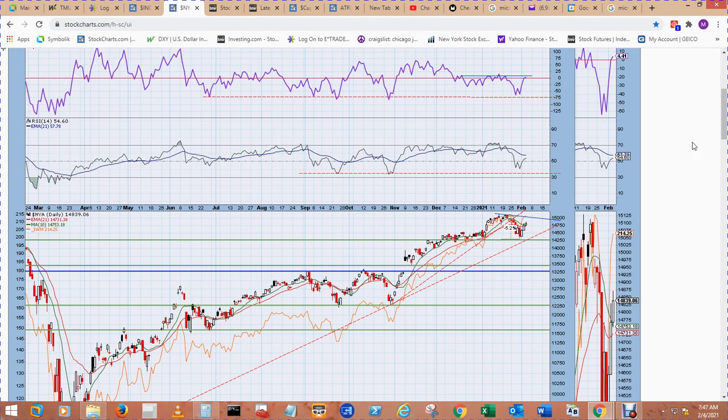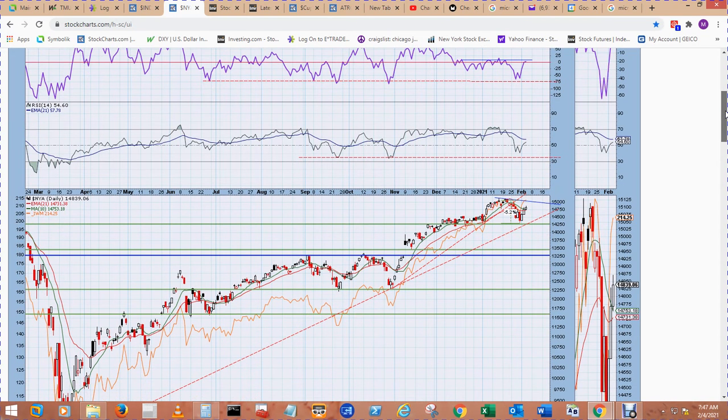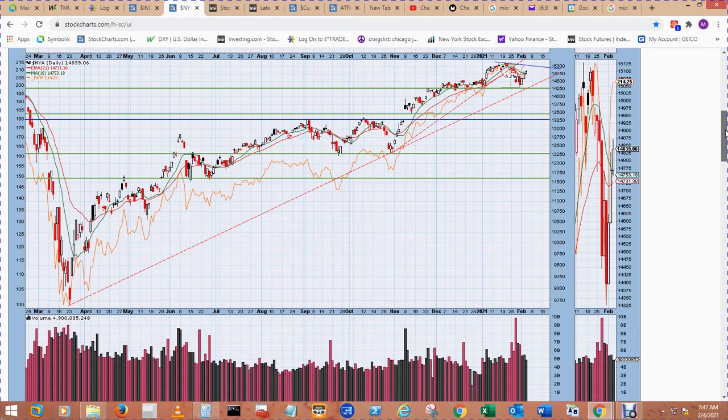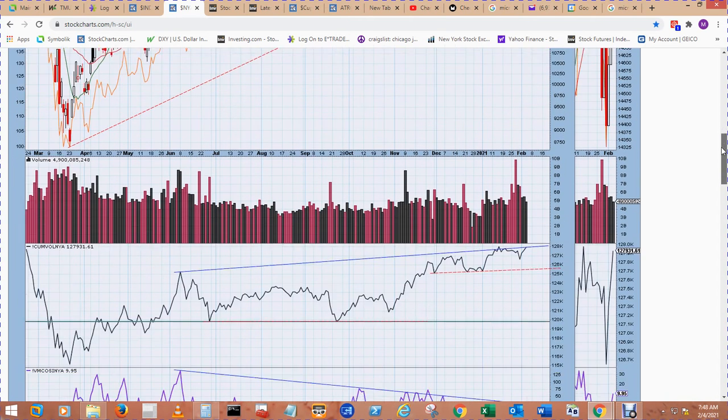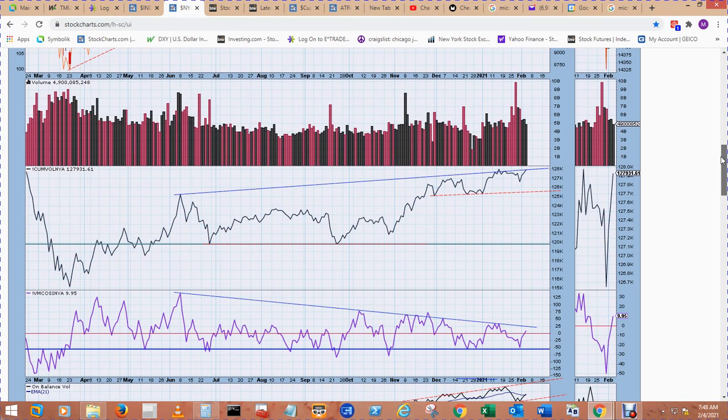Relative strength index. Again, you can't buy the NYA, but we'll keep tabs on the relative strength of everything inside of it. Here's price. Volume.